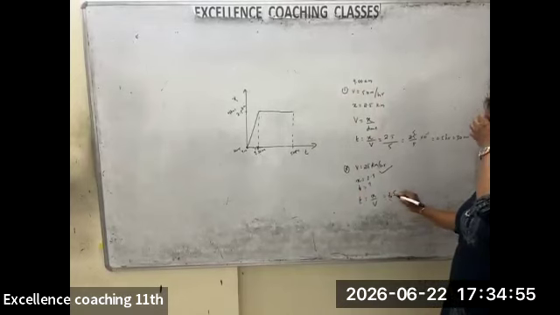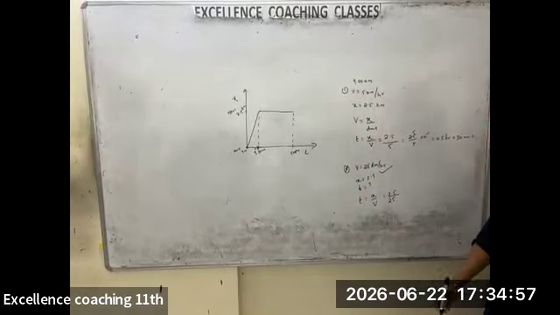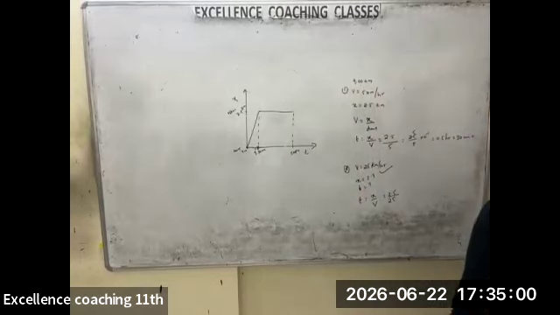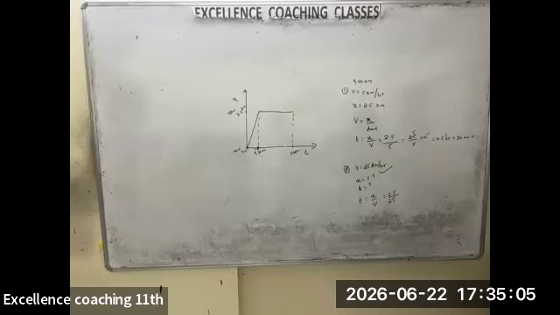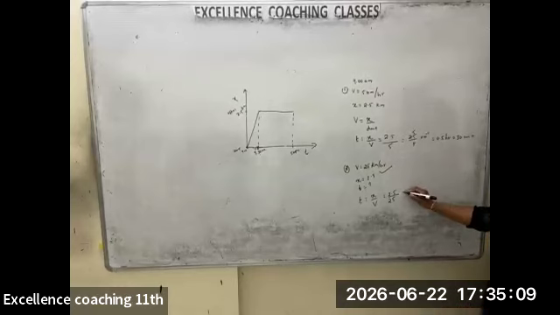This will be 2.5 upon 25. 0.1. How many minutes is that? 0.1 hours is how many minutes? 6 minutes.